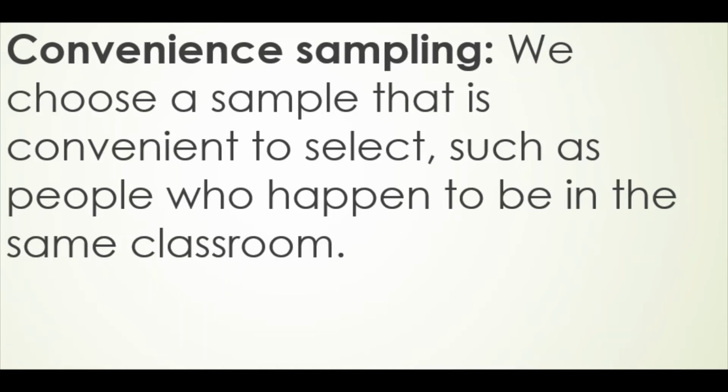For example, everyone in this class is a senior, so it's not going to be representative of the whole school. But convenience sampling is just where you choose something that's going to be easiest for you to find.